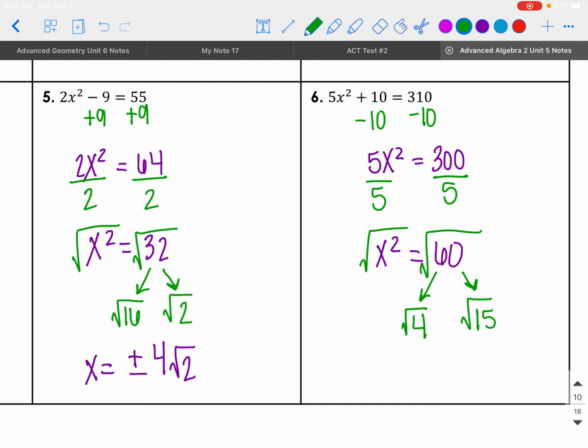And you think 15, I can divide 15 by something. But really, you can only divide it by 5 and 3. And neither one of those are perfect squares. So no perfect squares go into 15. So x equals plus or minus 2 radical 15.